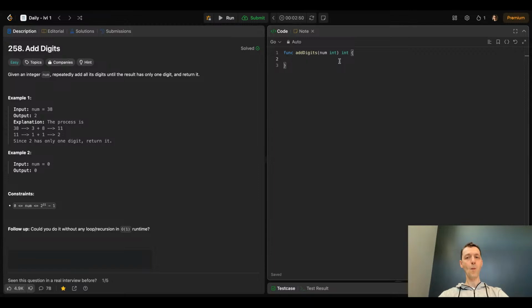So the trick here is, it turns out for this numeric system, for base 10, there is a trick if you divide by 9.